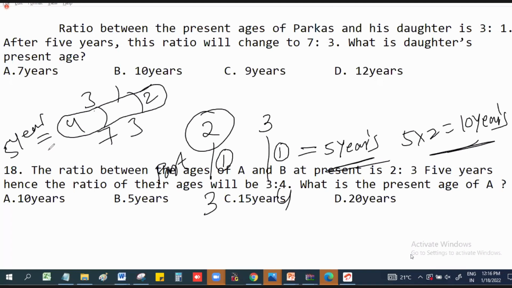Understood? You can't equate that to 5 years. How to equate, I will teach you in the next class, because we are almost at the end of the session. So I'll teach you in the next class how to do it when the differences are not the same. But I hope you understood the previous method.